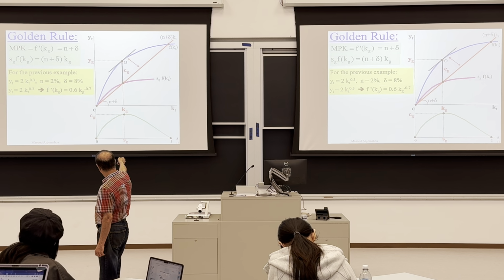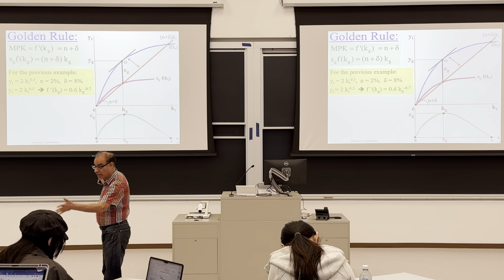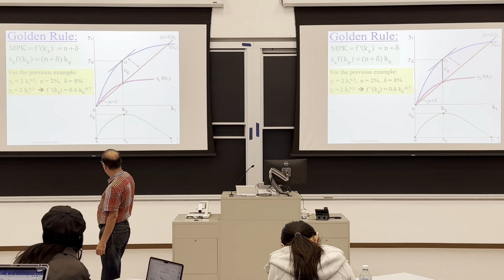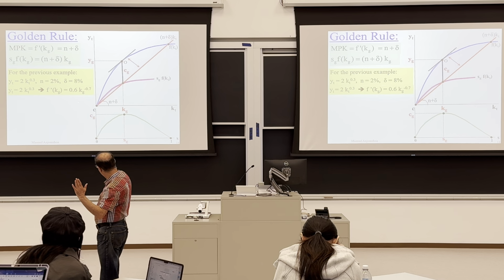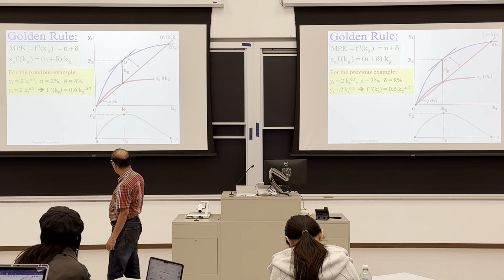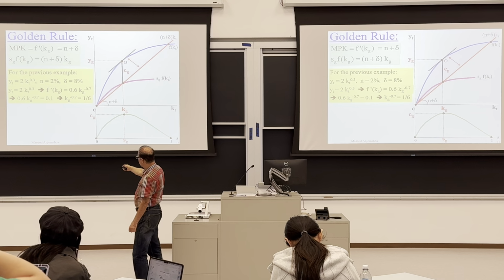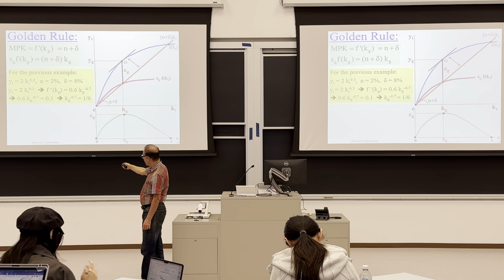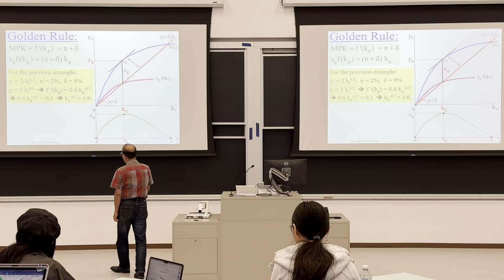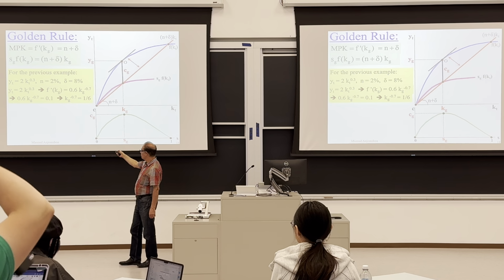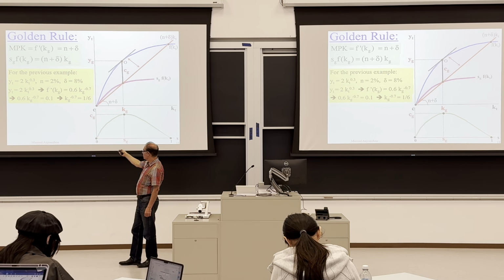Because these two are parallel only at kg, not anywhere else. Remember, to the right, flatter; to the left, steeper. So only at point kg are these two equal. So the marginal product of capital equals n plus delta.